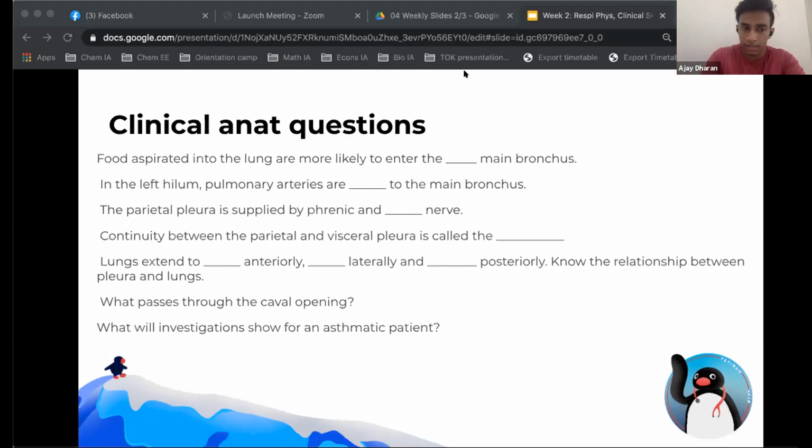And in lungs, this is another key thing you need to know. Where does your lung extend to anteriorly, laterally, and posteriorly? You just need to know your key levels, so remember the rule of two.